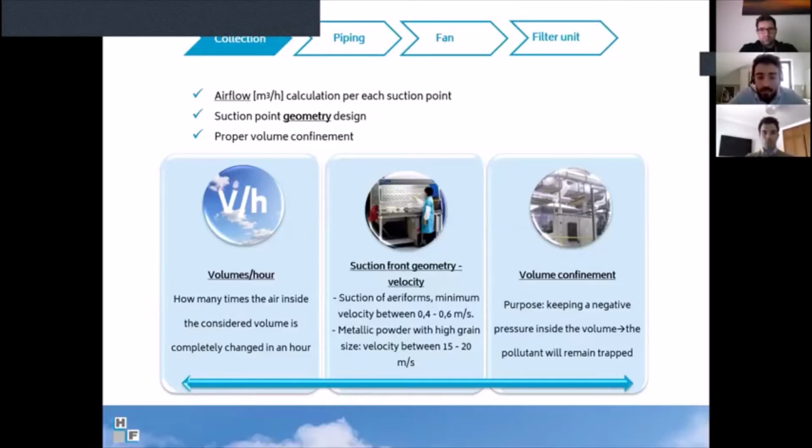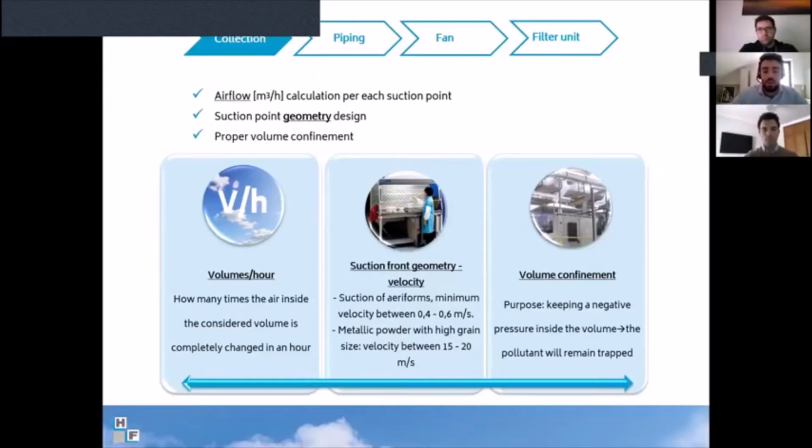Another example can be a free area where there is a pollutant inside. In this case, we have to design the proper filtration, the proper suction point. We can have two different examples.